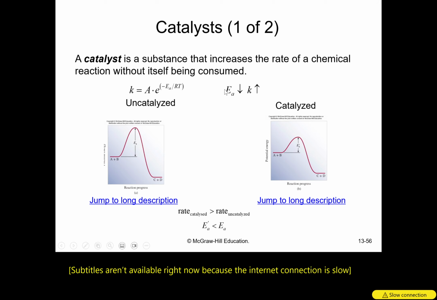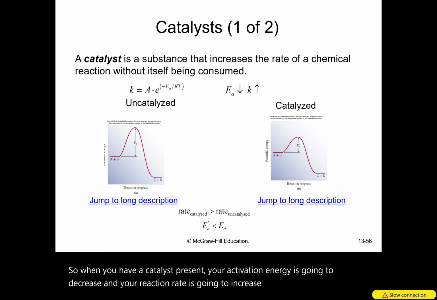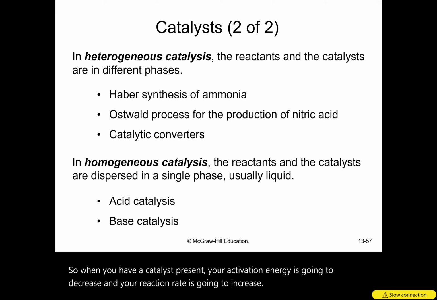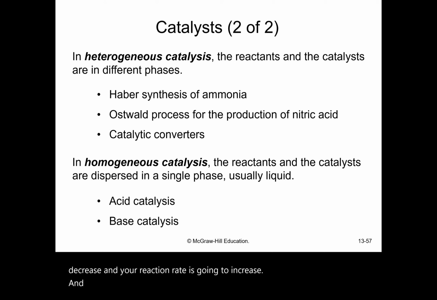So when you have a catalyst present, your activation energy is going to decrease and your reaction rate is going to increase. In heterogeneous catalysts, the reactants and the catalyst are in different phases.